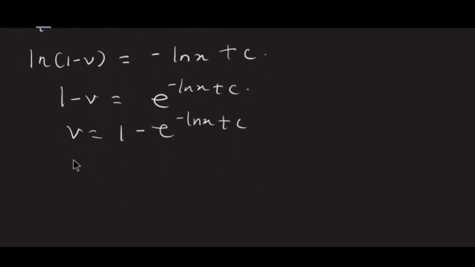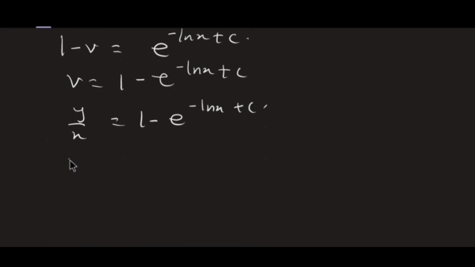You know v is the same as y on x, because 1 minus e to the power negative ln x plus c. But y on x, when you have e to the power negative ln x, is the same as 1 minus e to the power ln 1 over x multiplying e to the power c.